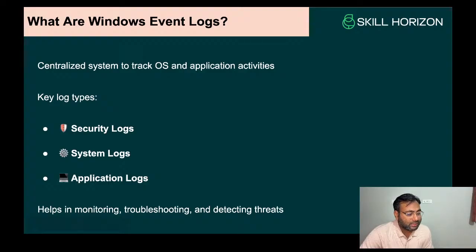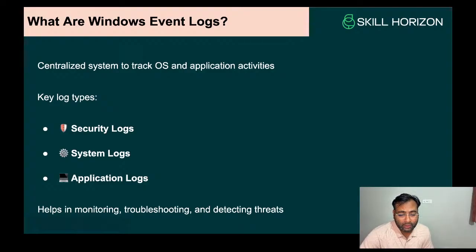Okay, so basically, what are the Windows event logs? These are logs basically used to track application or OS activities, not only operating system activities. Keep that word in mind: logs are not only logged if some activity happens in your operating system, right? Logs are also logged when application activities happen.